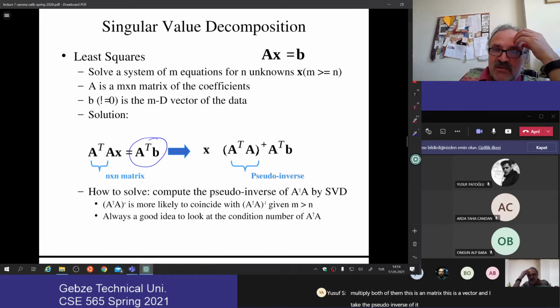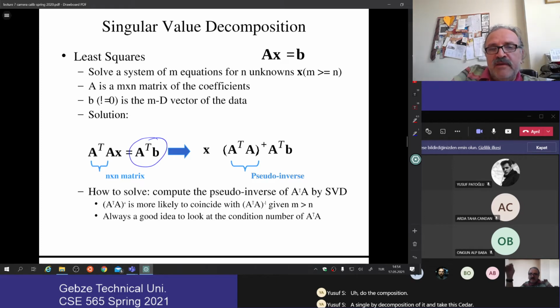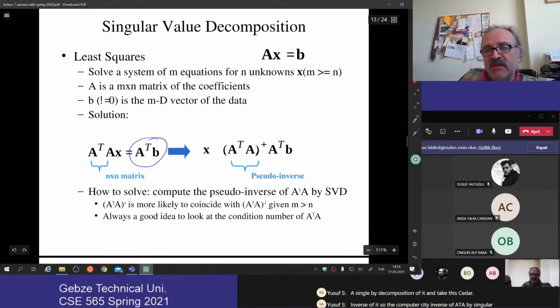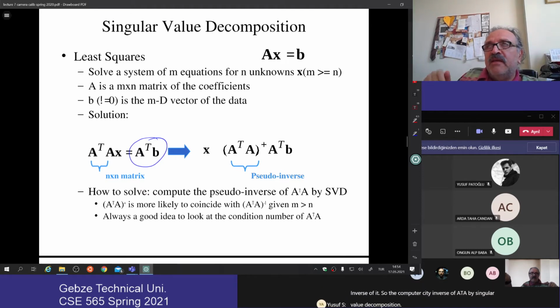Do the singular value decomposition of it, and take the pseudo inverse of it. So compute the pseudo inverse of ATA by singular value decomposition. That one doesn't have to be a non-singular matrix.